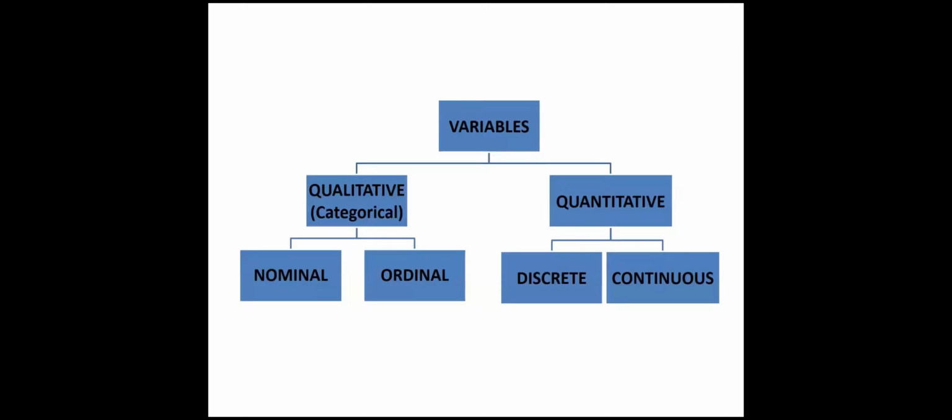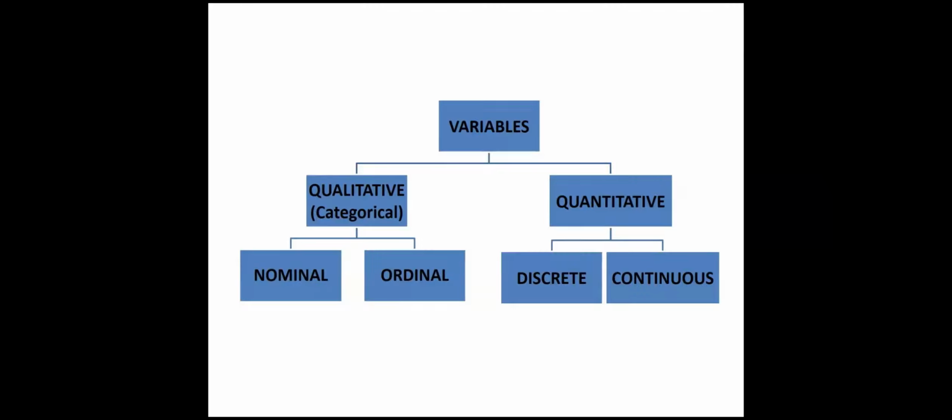There also you have categories, here also you have categories, but there is some sort of order, staging of cancer. Okay, socioeconomic status, there is an order there. Okay, say anemia: mild, moderate, severe, there is an order there. Whereas in the other kind of qualitative variable, nominal, there is no order.